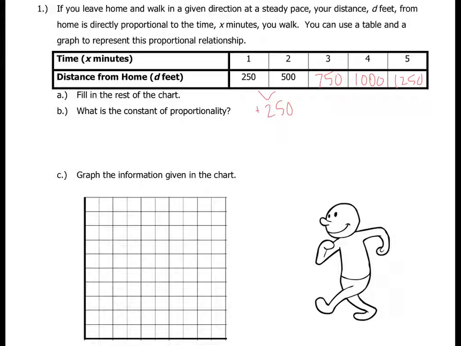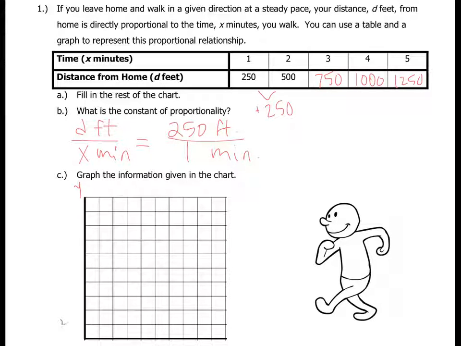So the constant of proportionality is for how many feet does it go per minute? Well, for this one, it goes 250 feet per 1 minute. So let's graph this information on the chart. This is really hard to do because it's really easy to go over by 1 in the x's, but to go up, you really just need to go up by 250.